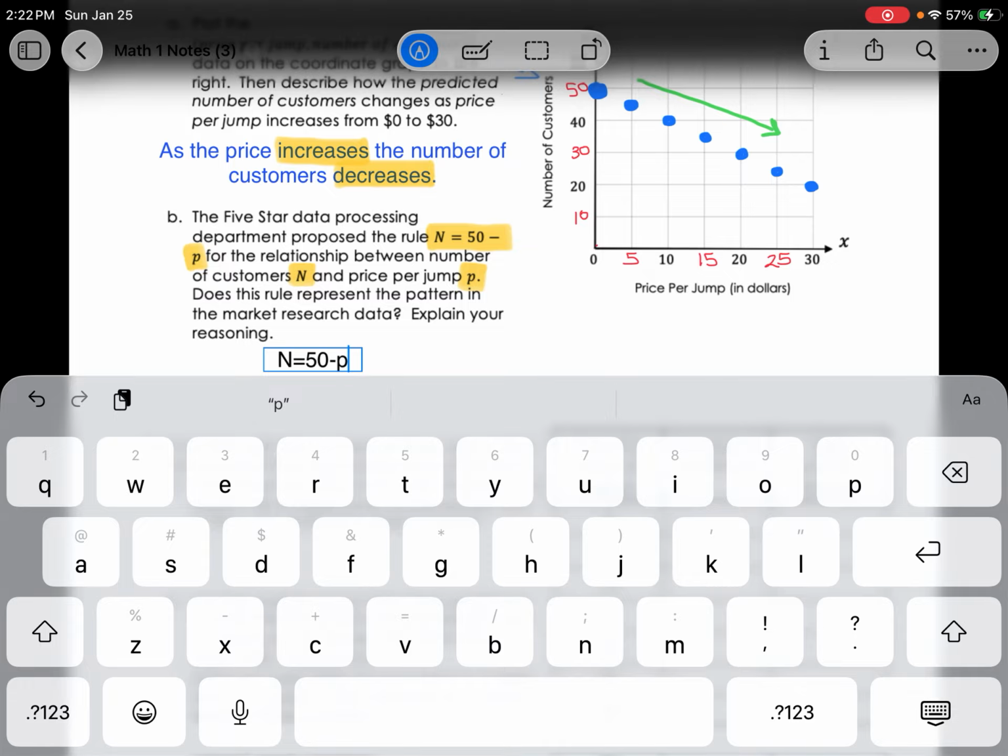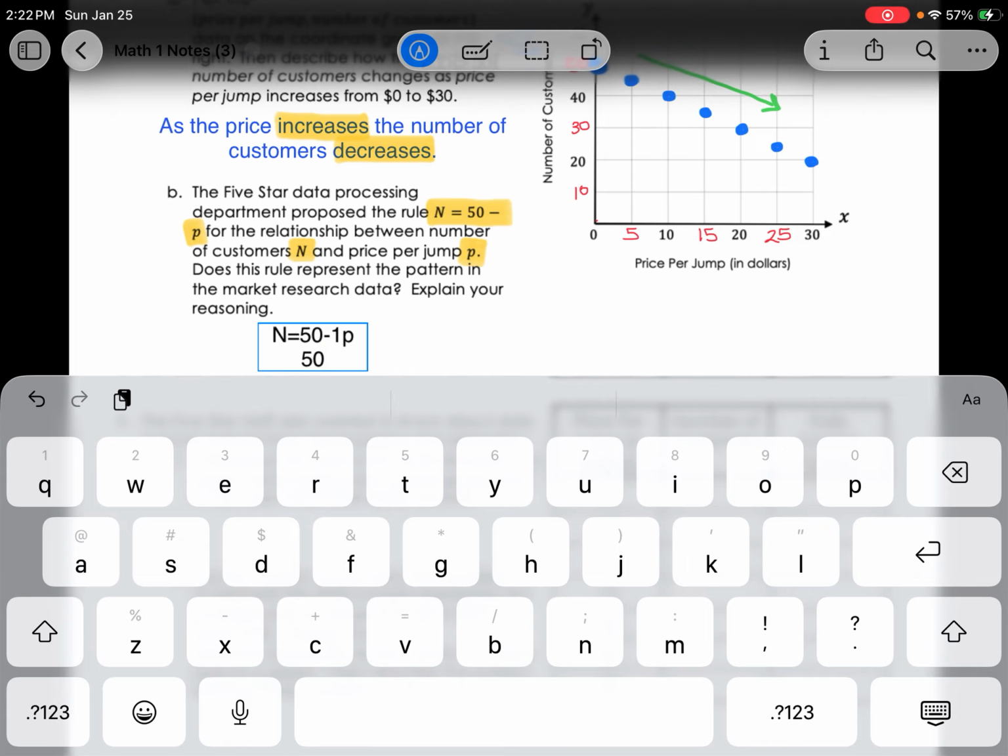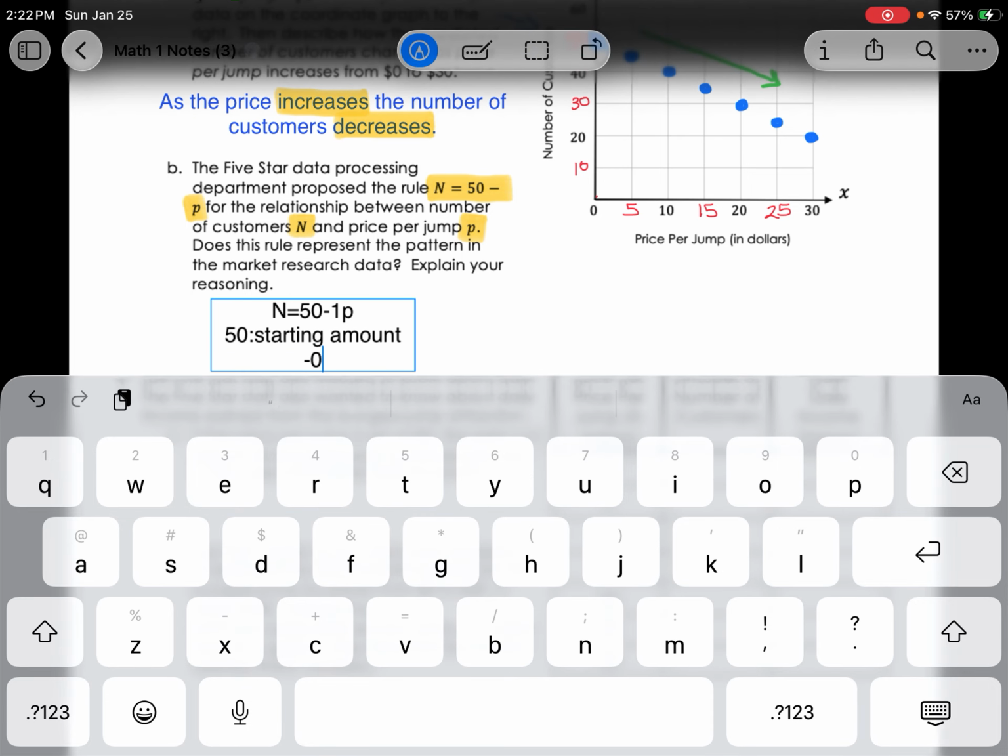P. Please don't forget that when it says minus P, it just means minus 1P. Okay, in this, it's saying that 50 is our starting amount. And the minus P, or for instance, minus 1, is our rate of change.